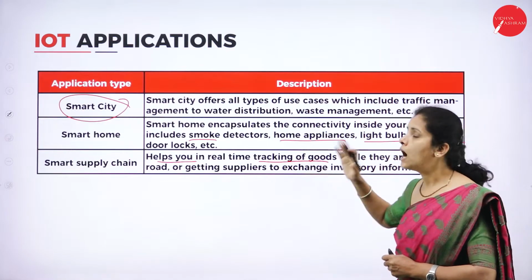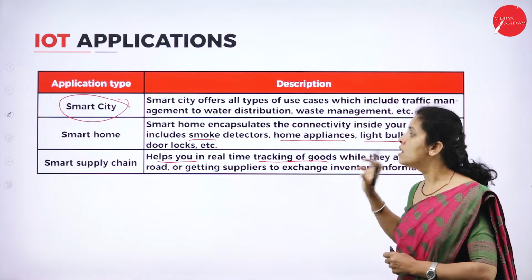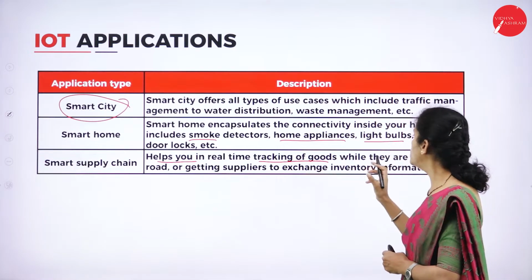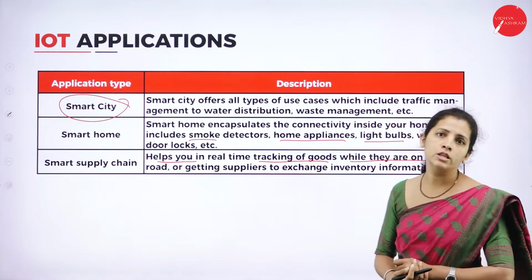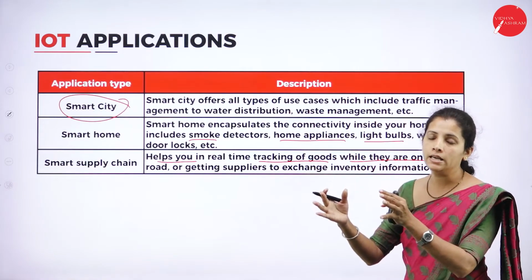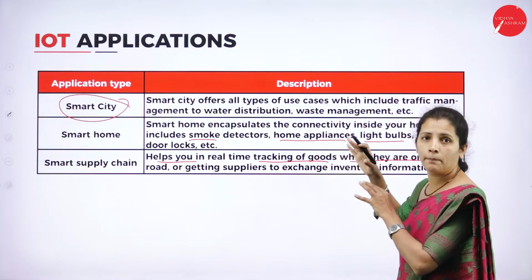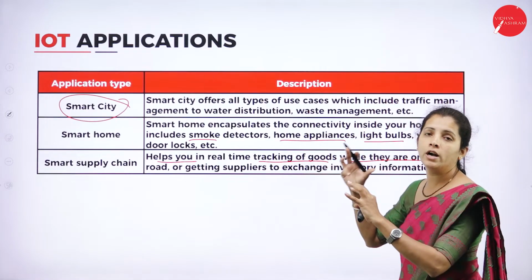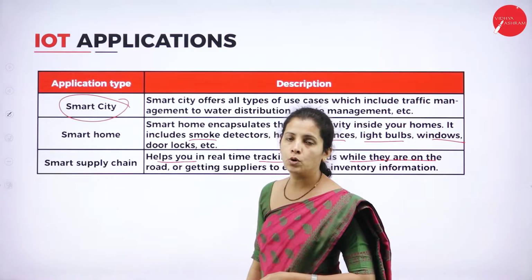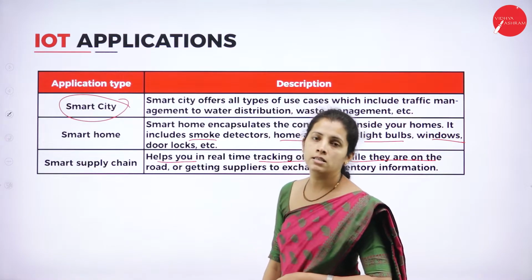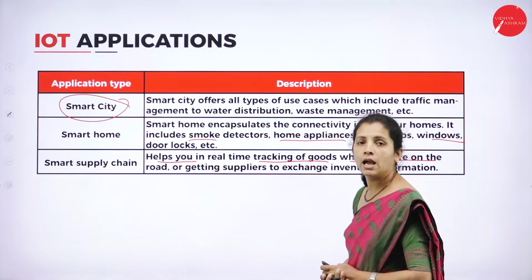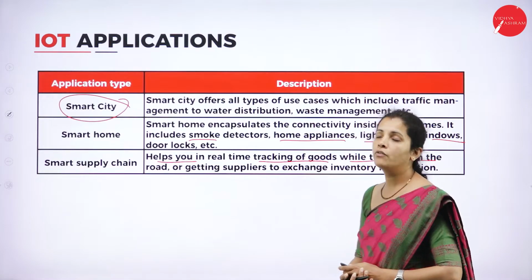So by using IoT, I can perform real-time tracking of goods while they are on the road, to get the proper information on where exactly the particular goods are present: the location, quantity, everything handled by using IoT under smart supply chain management. So dear student, these are some of the applications of Internet of Things.